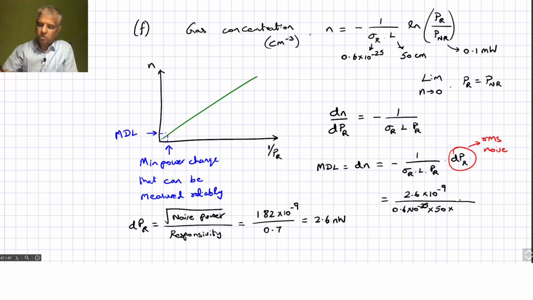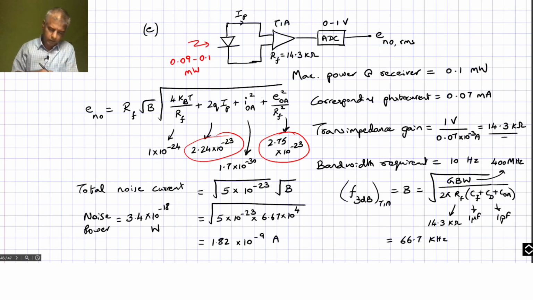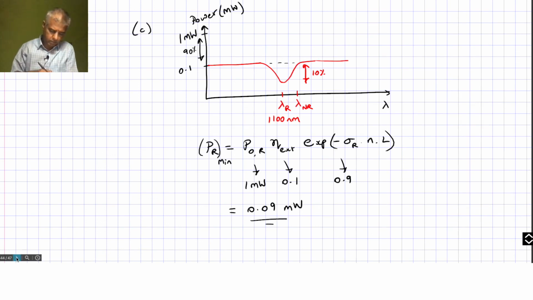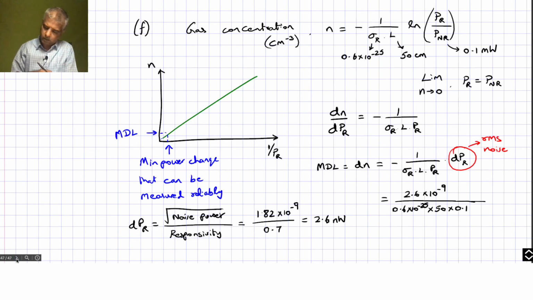It just corresponds to PNR, which is 0.1. Just verify that. Yeah, PNR is 0.1 into 10 power minus 3.